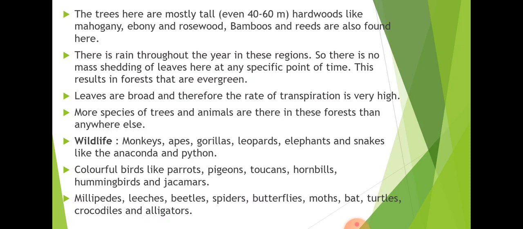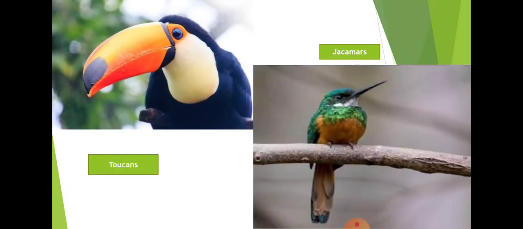There are colorful birds like parrot, pigeons, toucans, hornbills, hummingbirds, jamaicas, and some insects like millipedes, leeches, beetles, spider, butterfly, moth, bat, turtles, crocodiles, and alligators. So these are some of the animals and plants found in the tropical evergreen forest. Now you can see some pictures of animals like toucans and jamaicas.